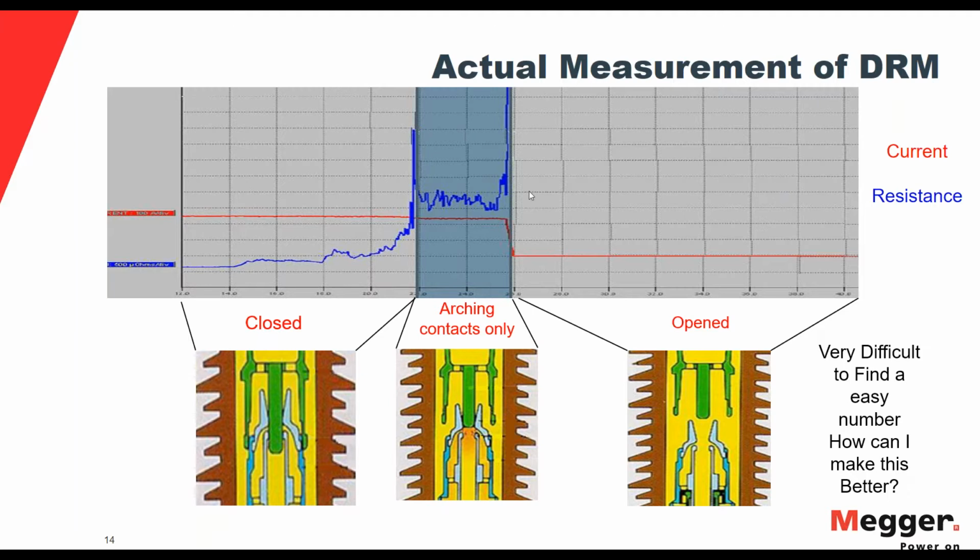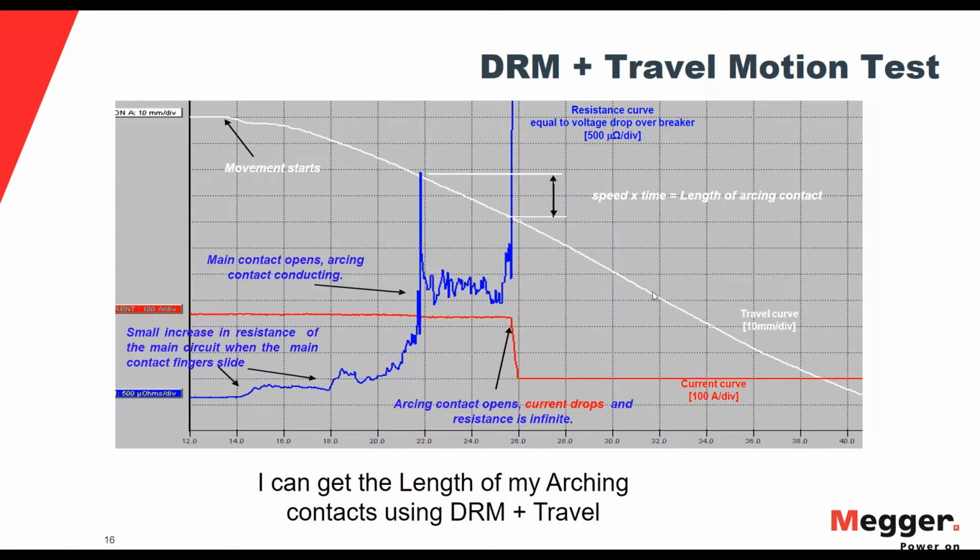But what is the benefit that you get from the DRM? Not really that much. Yes, you can maybe find the trip time when the circuit breaker tripped. Maybe that's a benefit you can get, but the actual condition of your arcing contacts is not really beneficial for you using only DRM to find. That's why you need the travel motion test in order to measure that motion with respect to this jump in resistance.